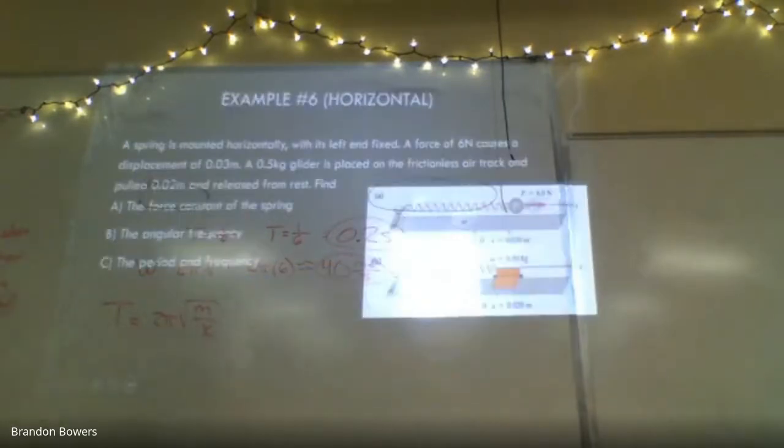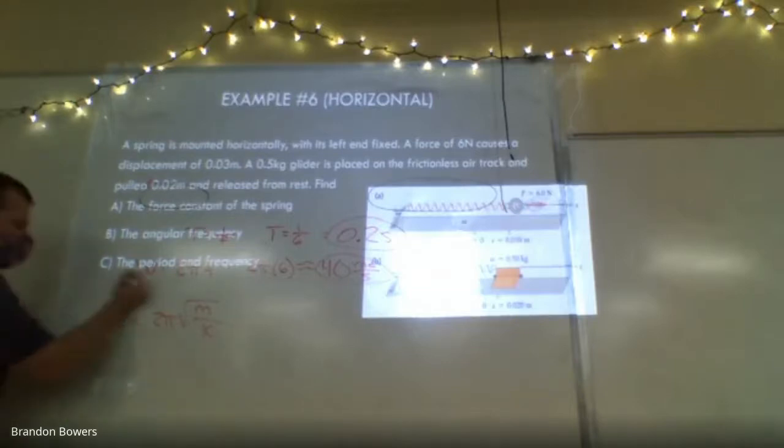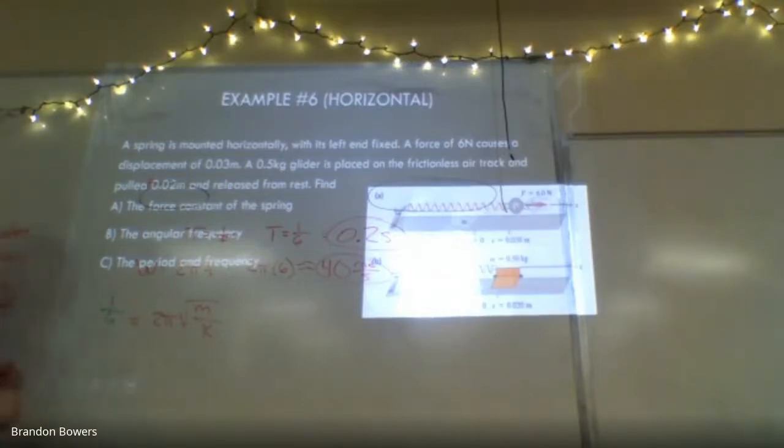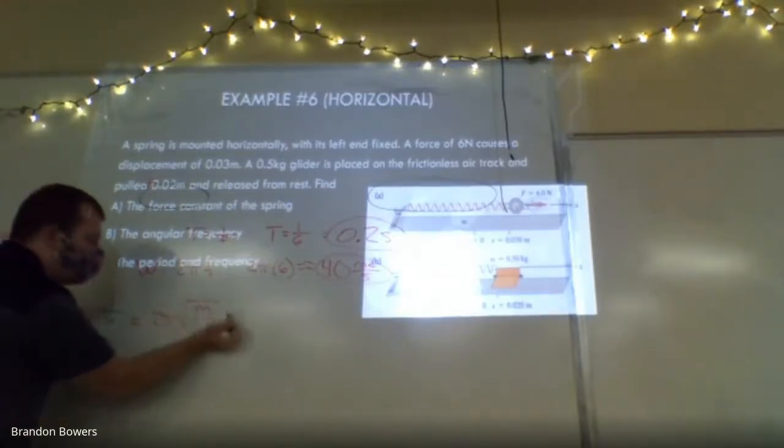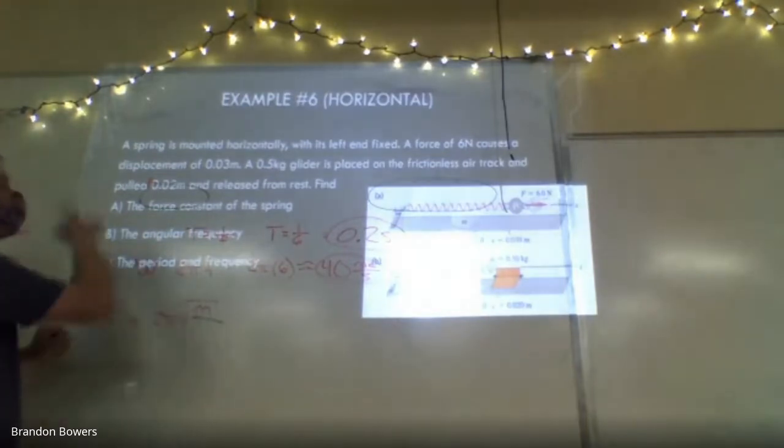You are exactly correct. That's what I'm talking about. I'm already learning. I feel like today's going to be good. So T we said was 0.2, or if you just want to put 1 over 6. The 1/6 was T. K was 120.